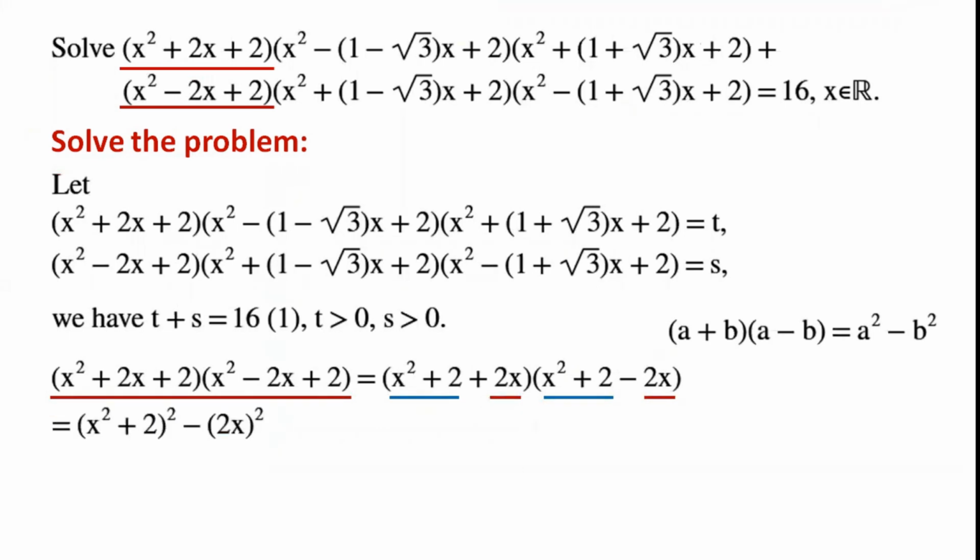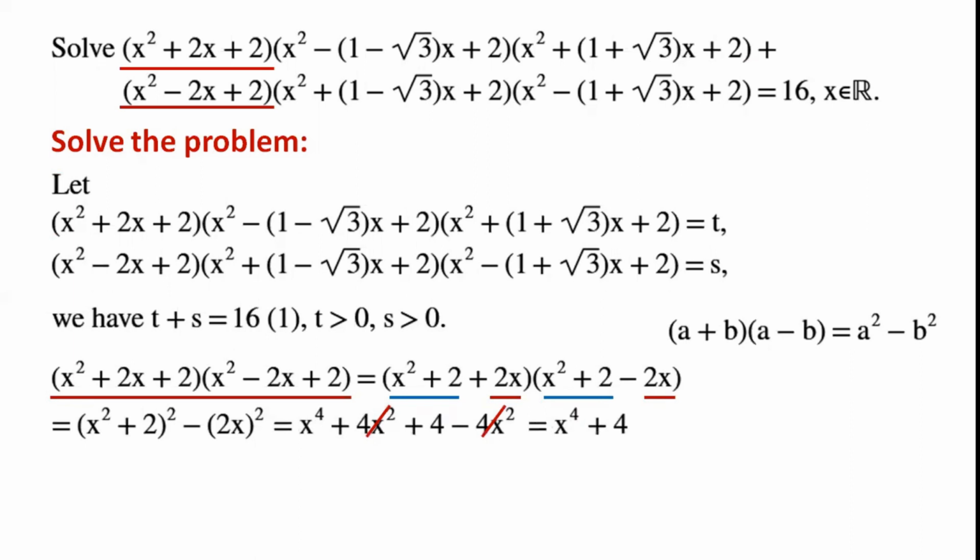So we can now write x squared plus 2 all squared minus 2x all squared, which can be written as x to the power of 4 plus 4x squared plus 4 minus 4x squared. 4x squared and minus 4x squared cancel.